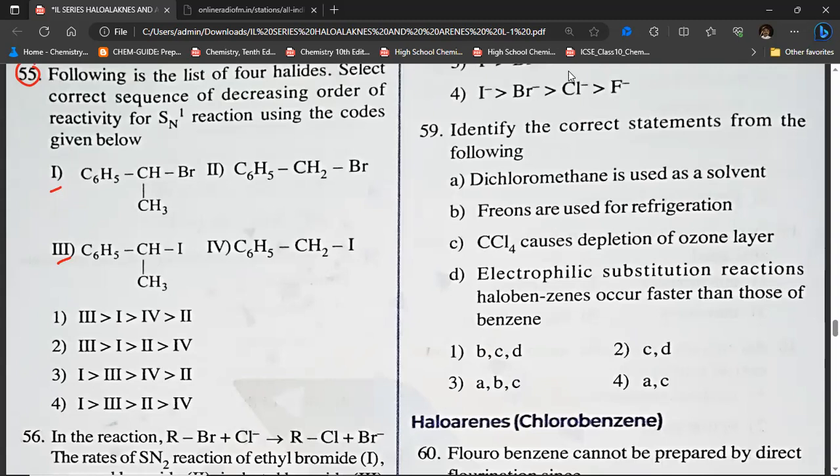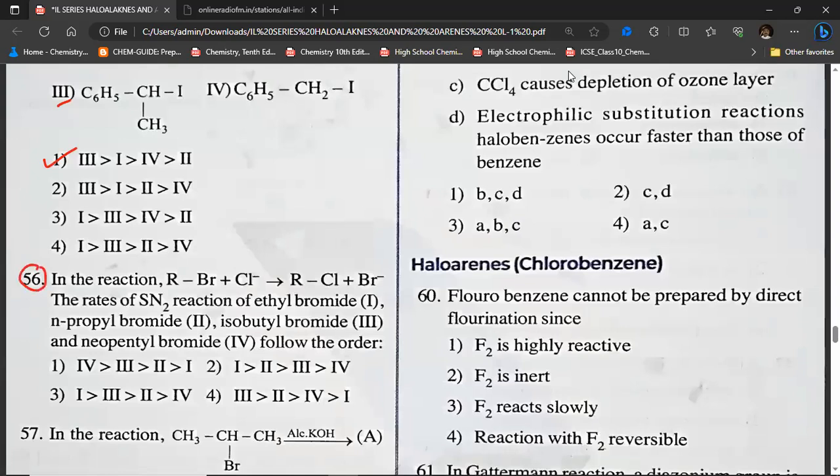Then we go with the more stable alkyl halide, which is benzyl bromide. Benzyl bromide is the least reactive towards SN1. It is highly stable because of resonance. It undergoes SN2 reaction rather than SN1 reaction. So for the 55th question, the first option will be the right option.